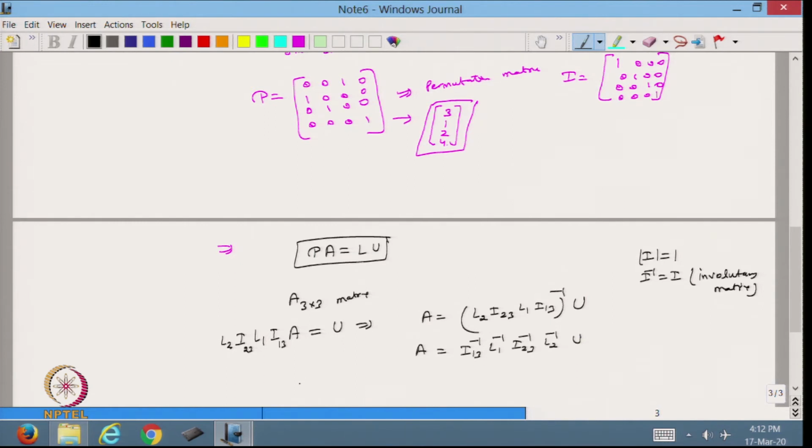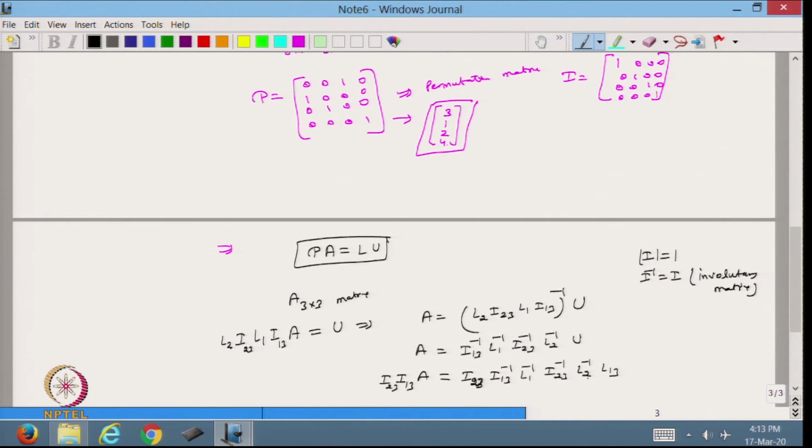So, from here I can write this as I13 I23. So, I will put the value here, so I will get I13 23. I am multiplying by this one, I13 inverse L13, I23 inverse L2 inverse, and then L13.